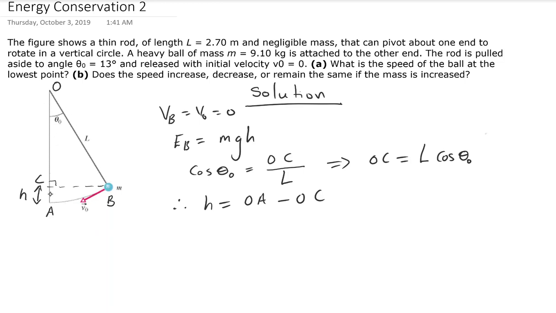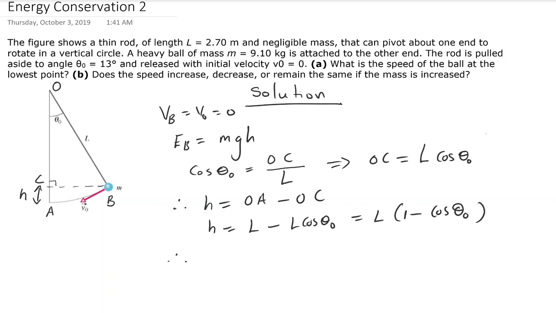So h is equal to L minus L cosine theta naught, which gives L times 1 minus cosine theta naught.